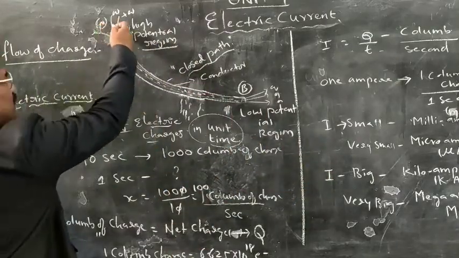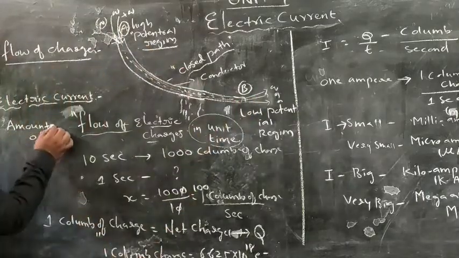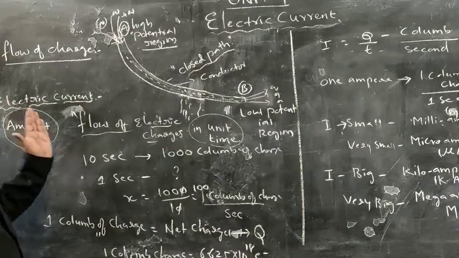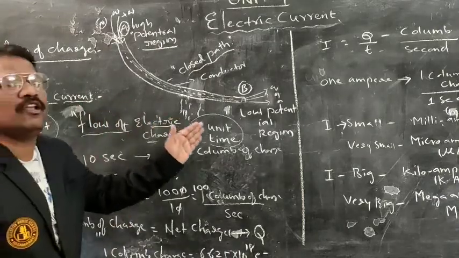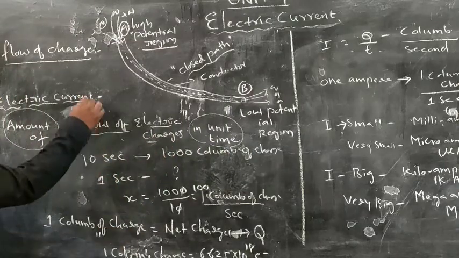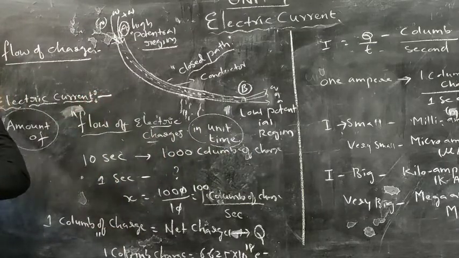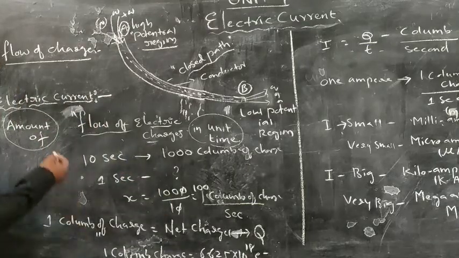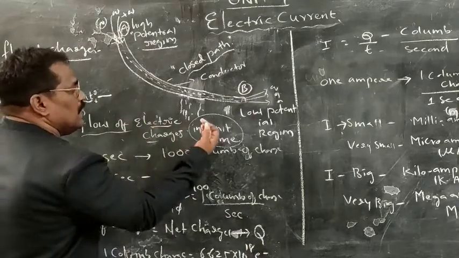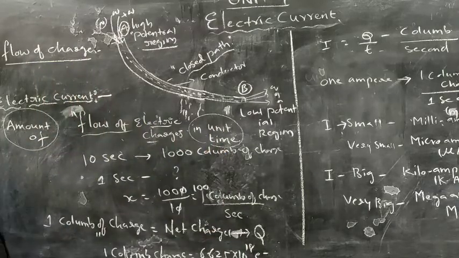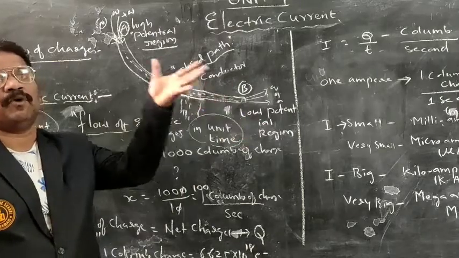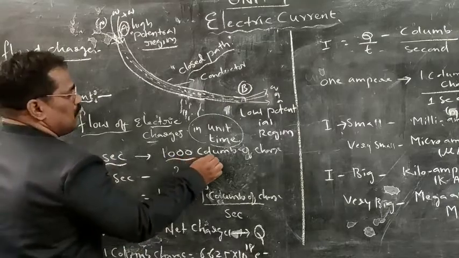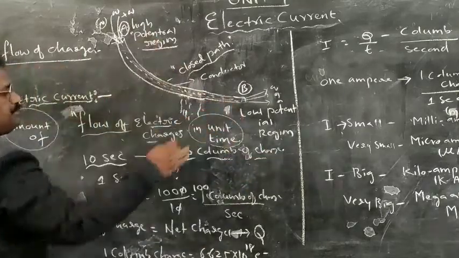The total charges which have flowed from high potential to low potential, the amount of flow of electric charges per unit time interval, can be defined with one definition, and that definition is called electric current. Electric current is nothing but the amount of flow of electric charges in unit time interval. For example, in the time of 10 seconds, 1000 coulomb of charge has flowed through this particular pipe.